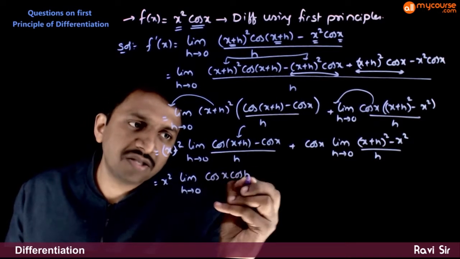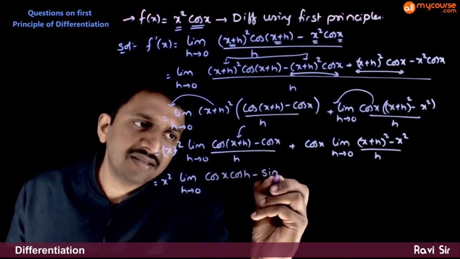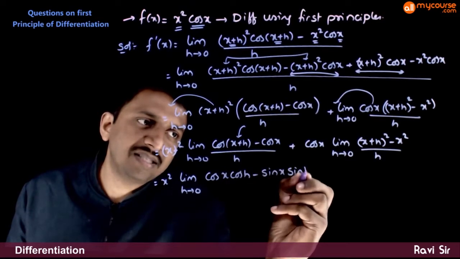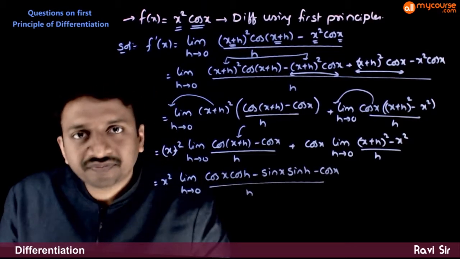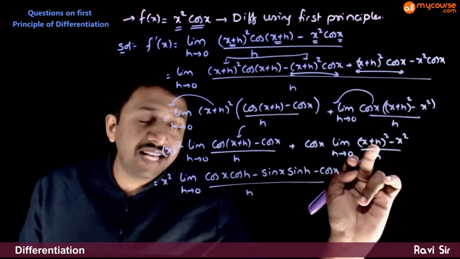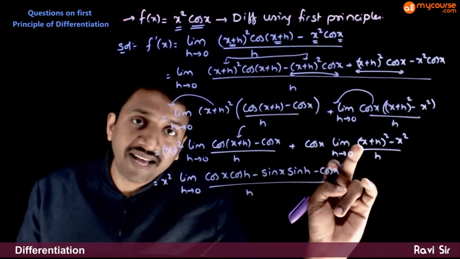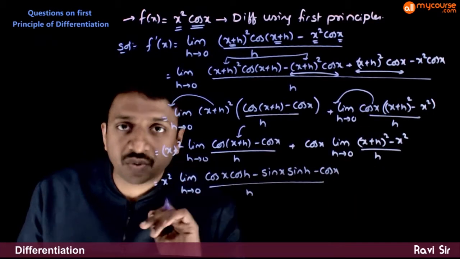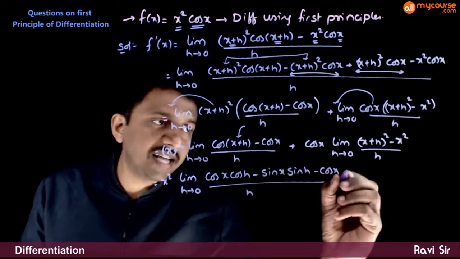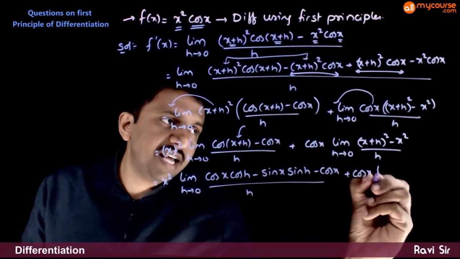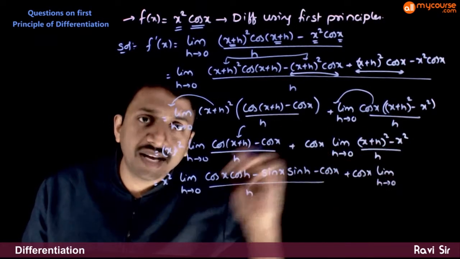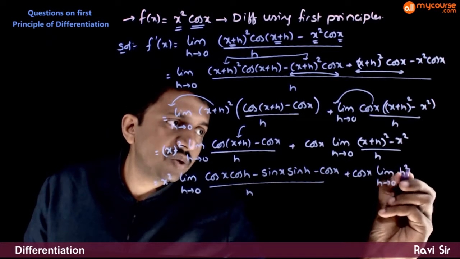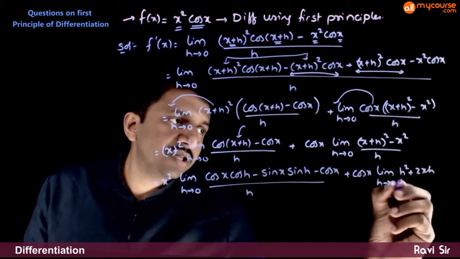Cos x cos h minus sin x sin h minus cos x by h. And here, what is the expansion of (x plus h) whole square? x square plus 2xh plus h square. x square and x square get cancelled. Plus cos x times limit h tends to 0. So if you expand this, x square and x square get cancelled. So h square plus 2xh by h.